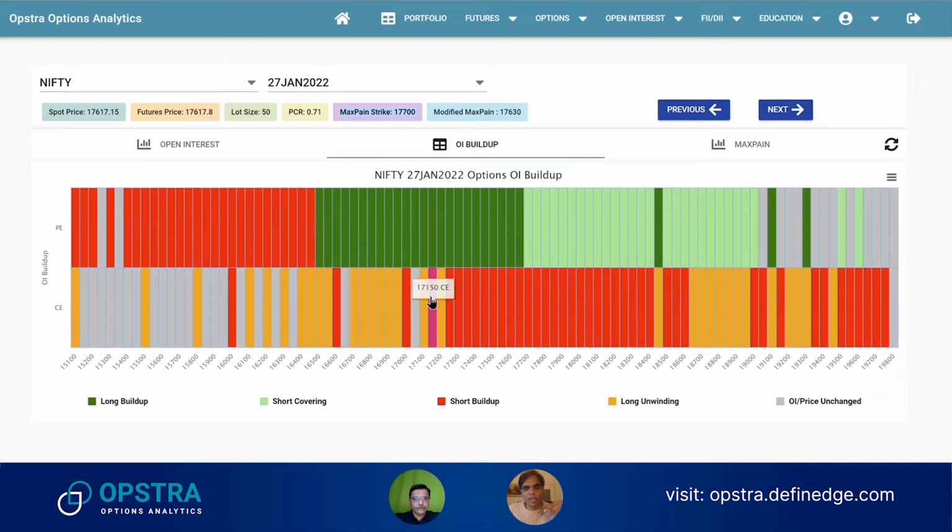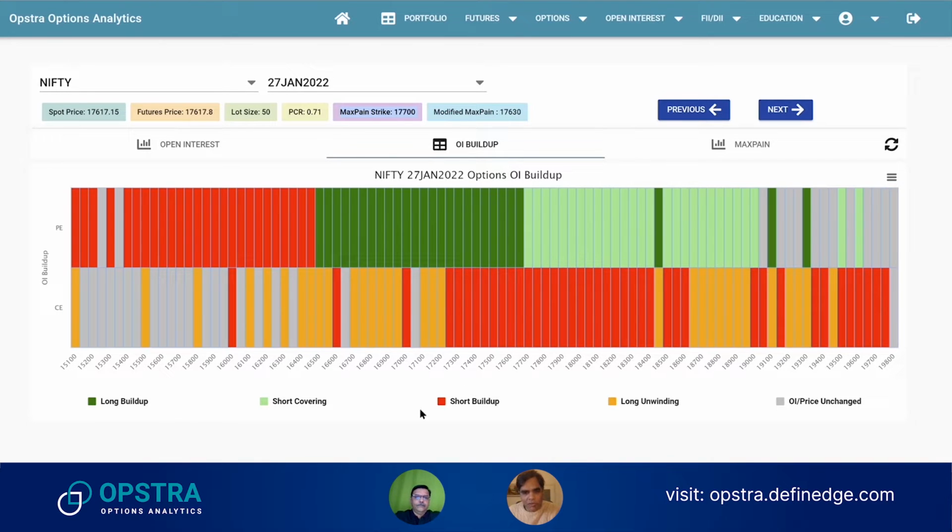Some people show this kind of OI buildup in a tabular format in the option chain itself, but that is okay, not very intuitive from an analysis point of view. So what we did is take the same thing, but show it in a pictorial format, one above the other for the same strike price, and what is happening in each one of them, in the put options as well as call options.